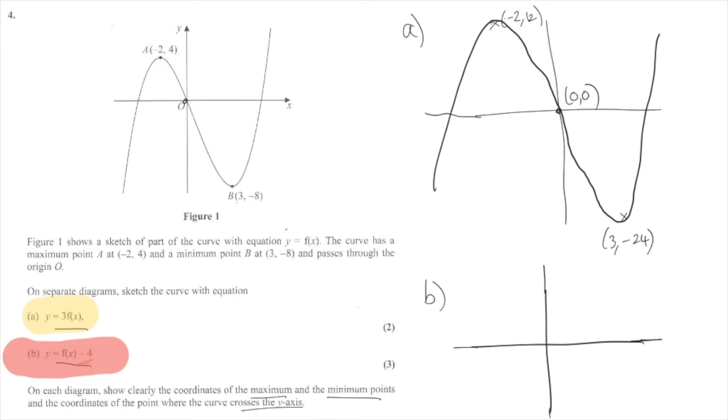Which means that every y coordinate is going to be taken down by 4, which means instead of A being at minus 2, 4, that's going to move 4 places down, so we'll now be at minus 2, 0. 0, 0 is now going to go down to 0, minus 4, and B, which is 3, minus 8, will go down to 3, minus 12.